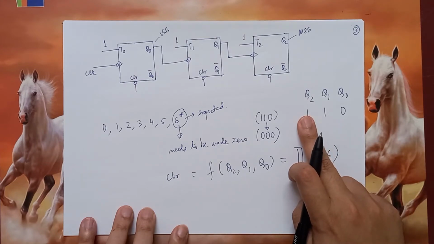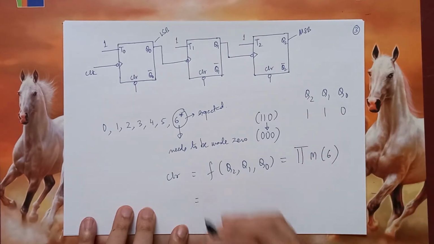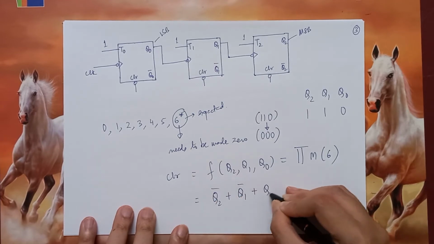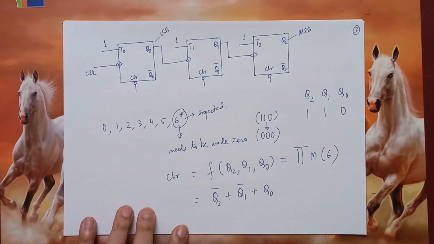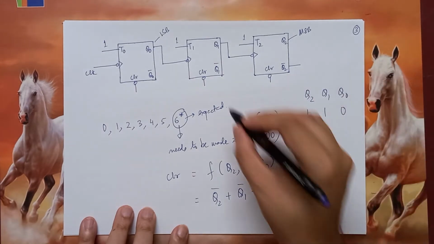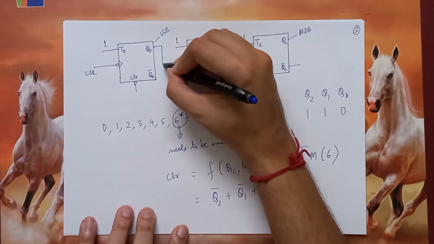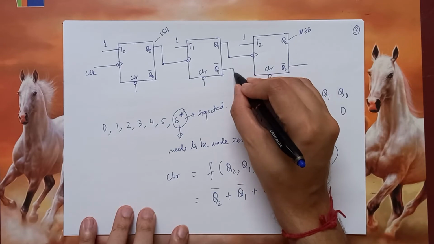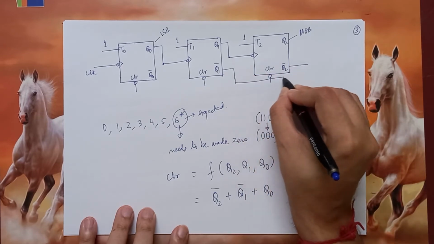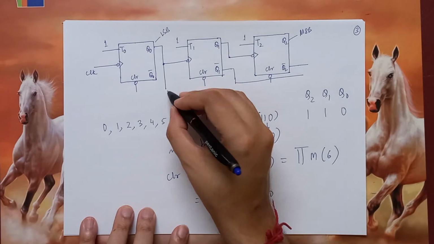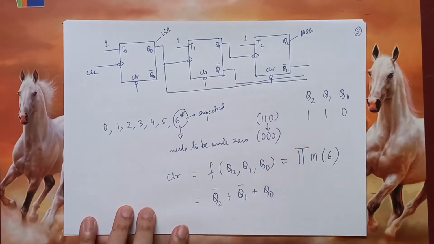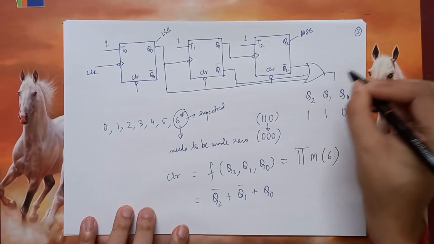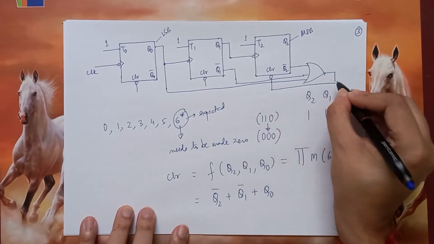1 is complement, 0 is no complement. That means clear is equal to Q2 bar plus Q1 bar plus Q0. So I will take Q2 bar from here, Q1 bar from here and Q0 from here, and feed them to an OR gate, and feed this output to each of the individual clears.